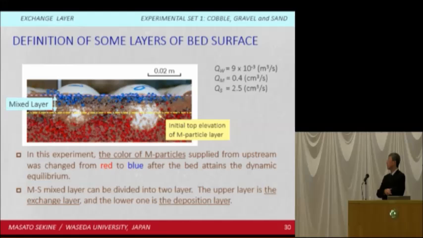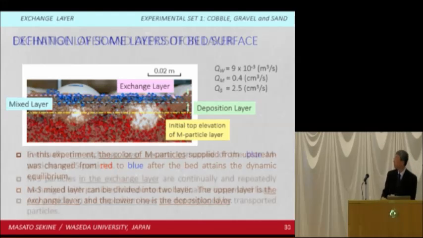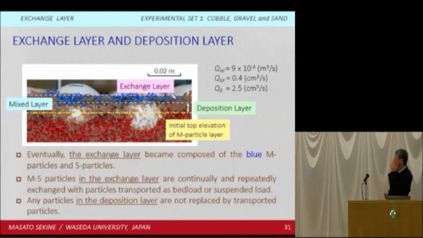The MS mixed layer can be divided into two layers. One is the exchange layer, maybe a lot of blue particles here. The lower one is the deposition layer. The exchange layer becomes composed of the blue M particles and S particles, like this.